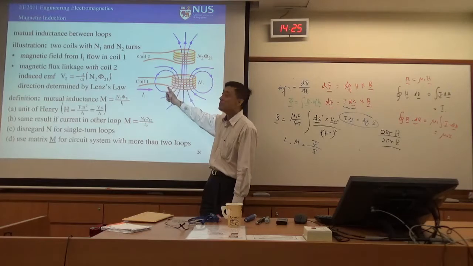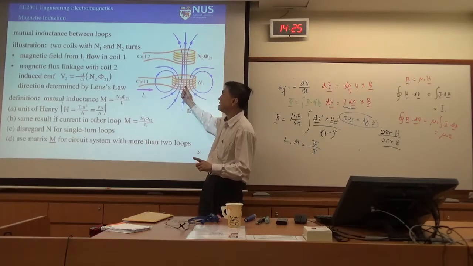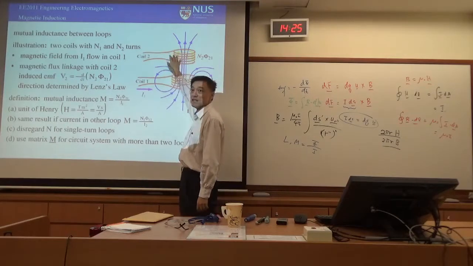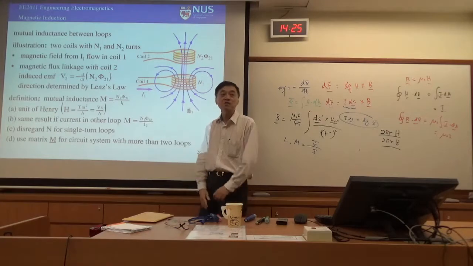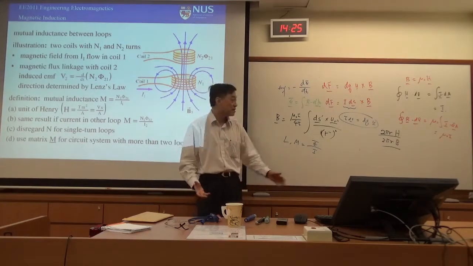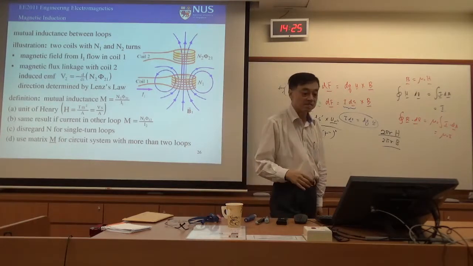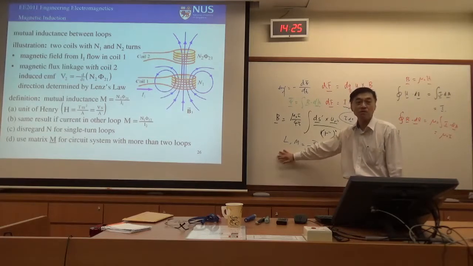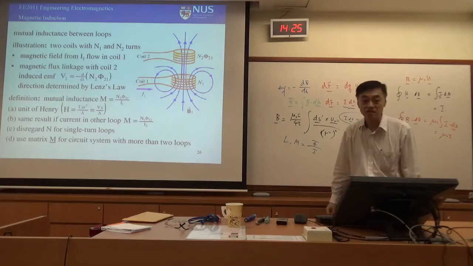If the flux density generated by one coil is B, then the total must be N1 times B. Then the flux linkage through here, because it links through N2 turns, must be multiplied by N2 again. So this flux must be the total flux. This one I write as L or M. L is normally reserved for self-inductance, M is reserved for mutual inductance.